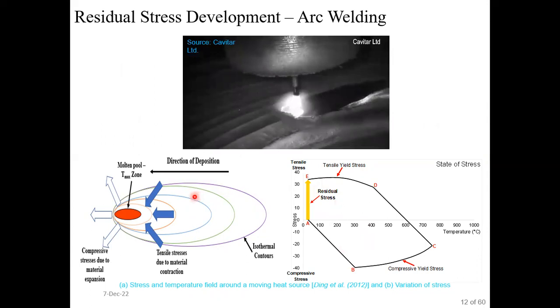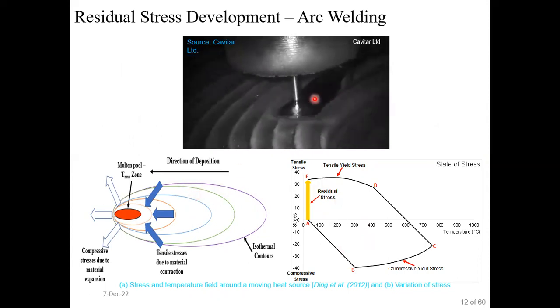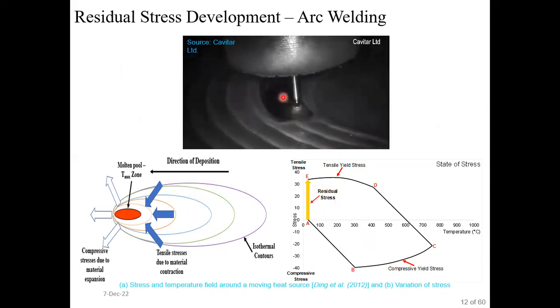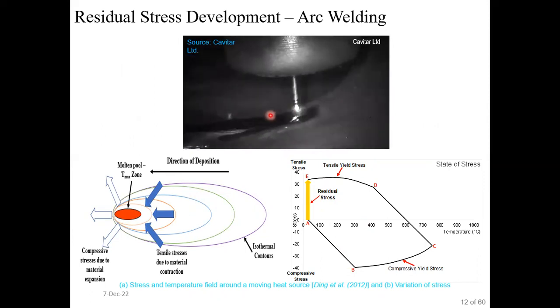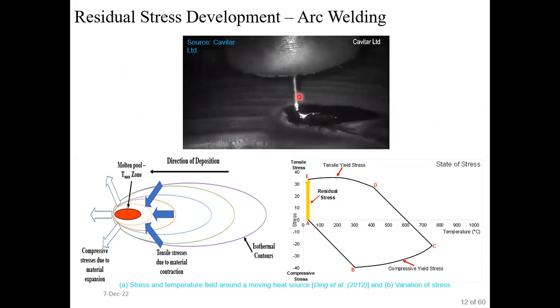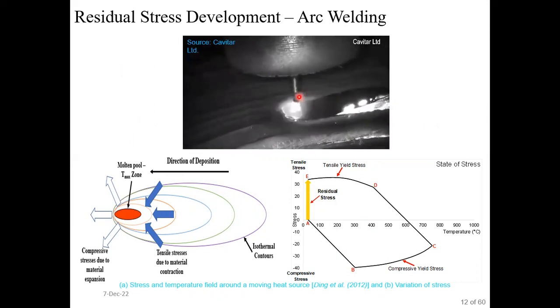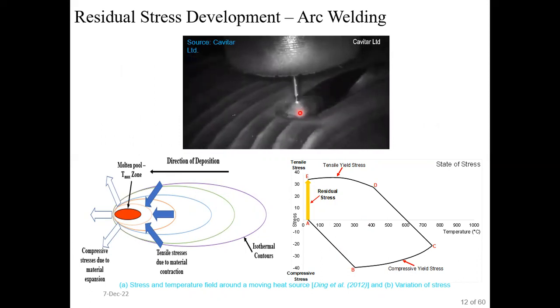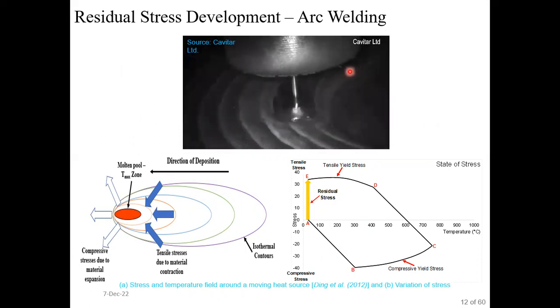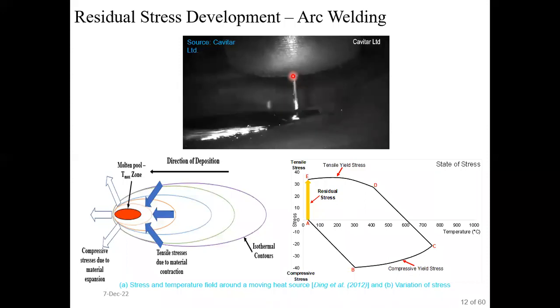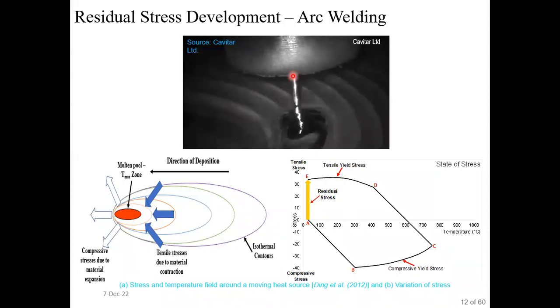component. And we can see in this video that a molten pool is being formed during the deposition process as the welding torch is advancing. And at one instance, behind this molten pool, the solidified layer is being formed because the heat source has passed the specific point.